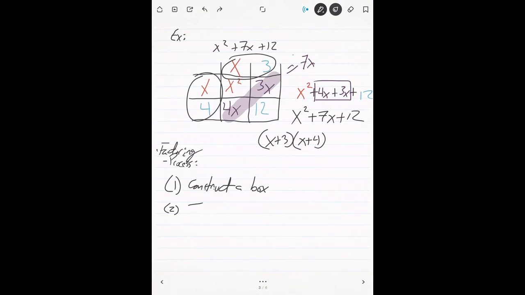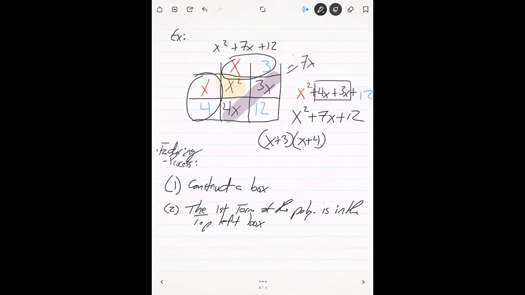The first term of the polynomial is in the top left box. That would be this one.